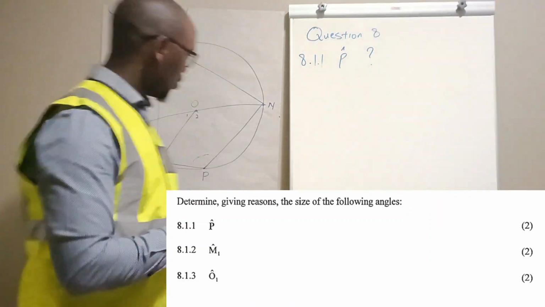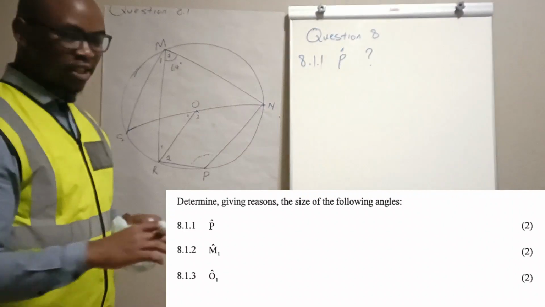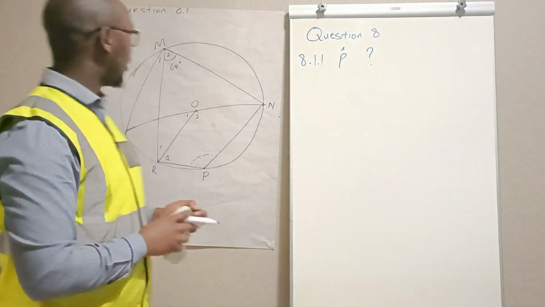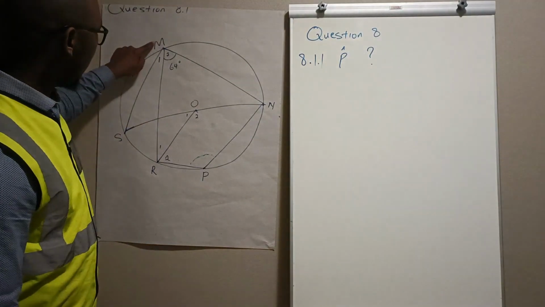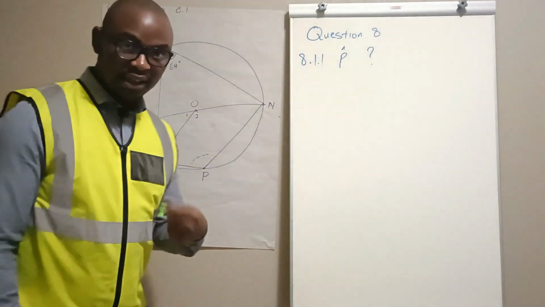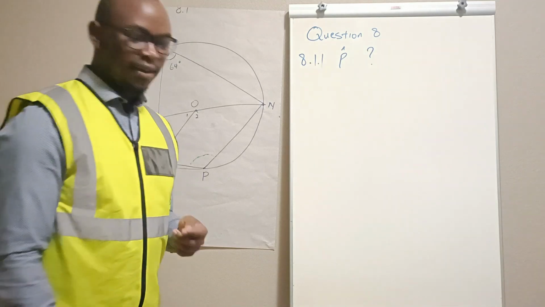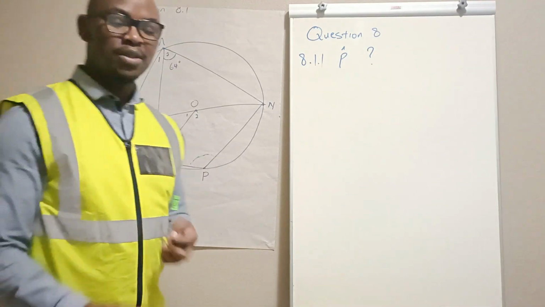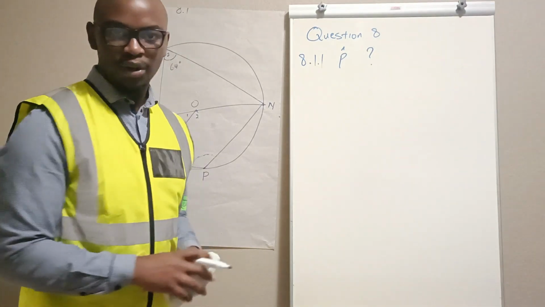Alright, so to move back to our description, they told us that we have M, N, P, R, and they are saying that is a cyclic quad. For a cyclic quad, just to remind ourselves, we have specific theorems.